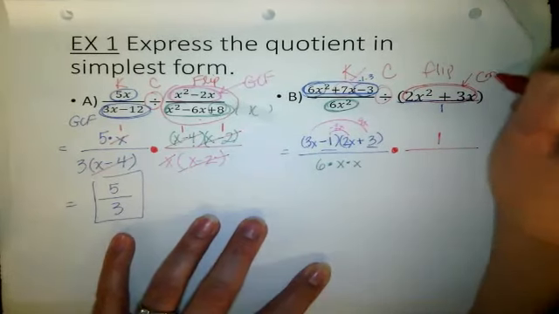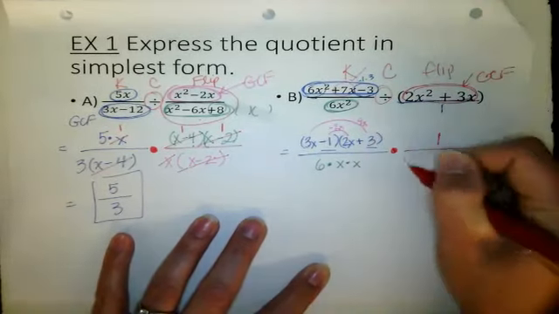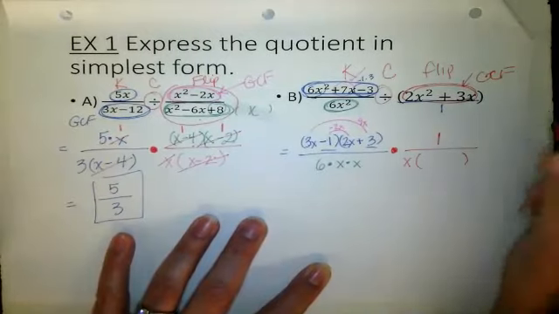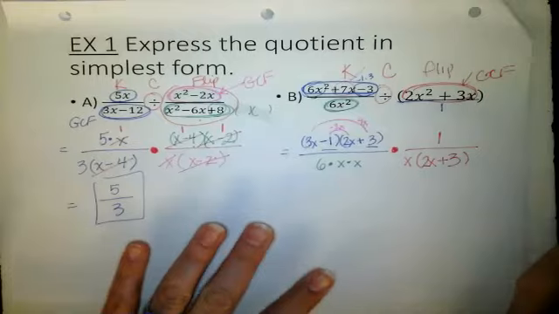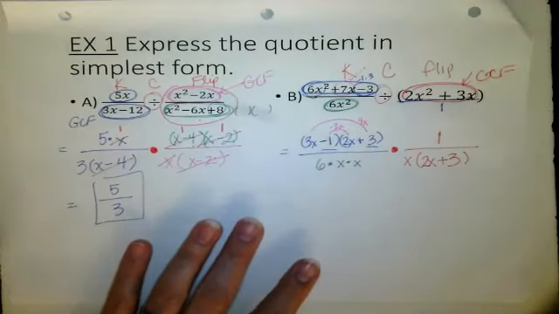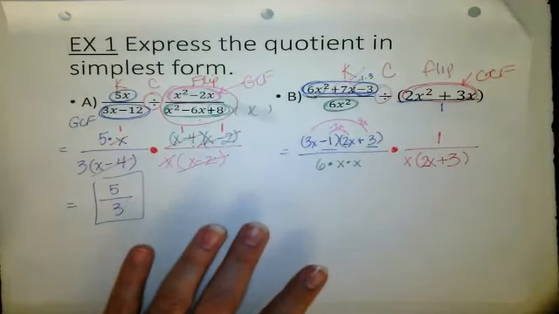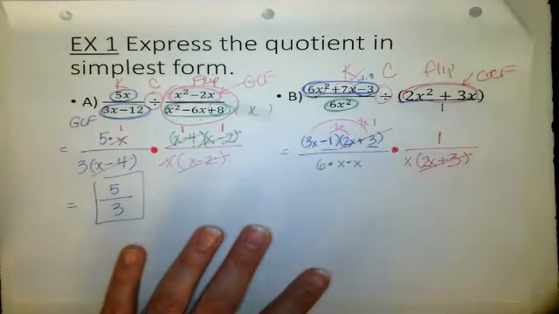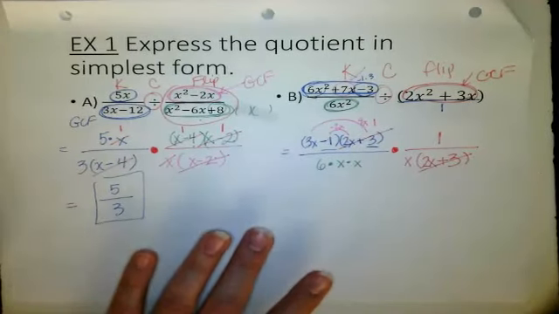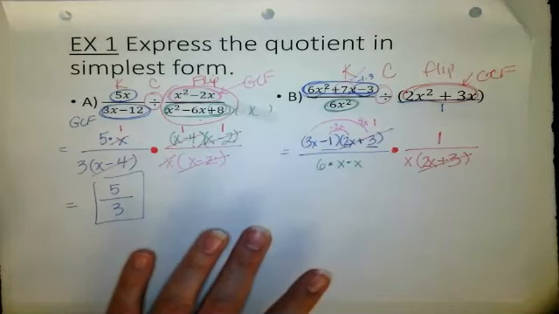And then what can I do with this 2x squared plus 3x? GCF. Very good. So we're going to take out the x, and what's left behind? 2x plus 3. Good. It looks like 2x plus 3 goes into itself one time. Does anything else cancel?